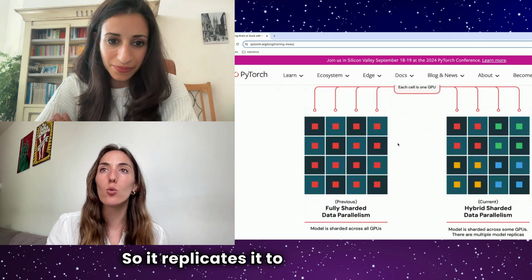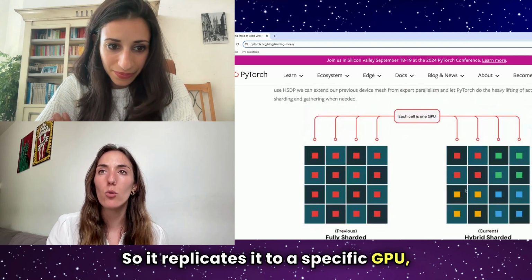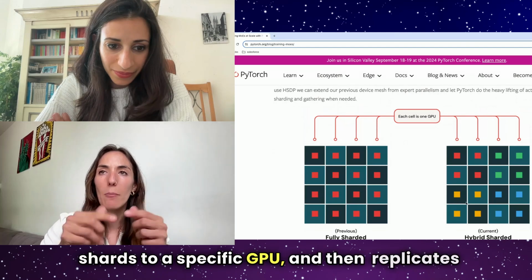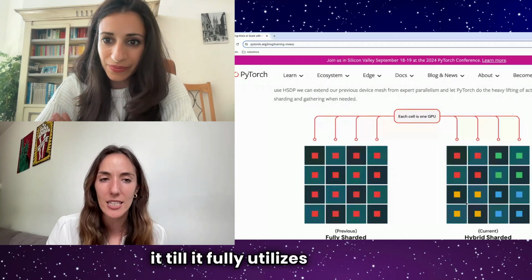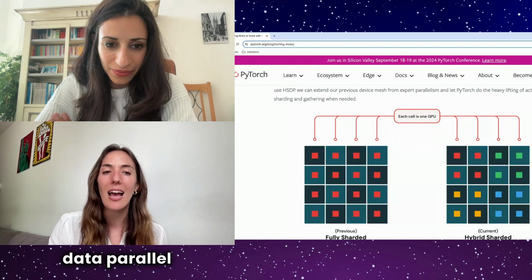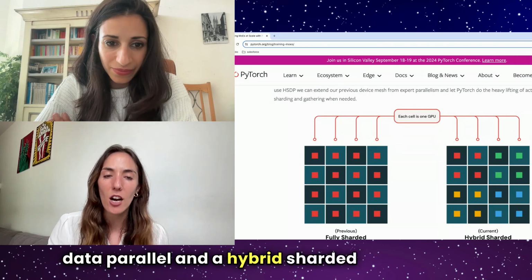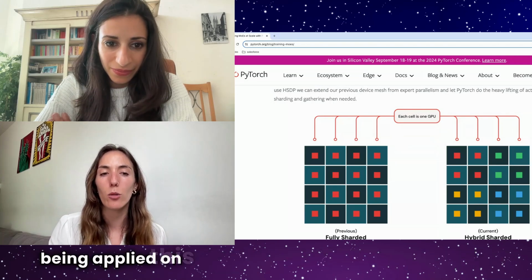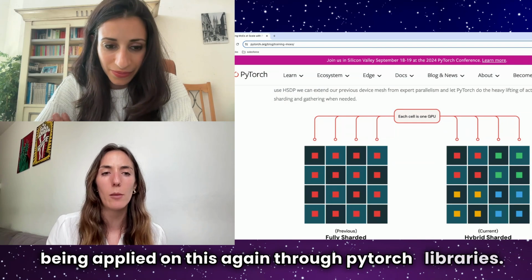So it shards to a specific set of GPUs, and then replicates until it fully utilizes the GPUs. You'll see a combination of fully sharded data parallel and hybrid sharded data parallel being applied on this, again, through PyTorch libraries.